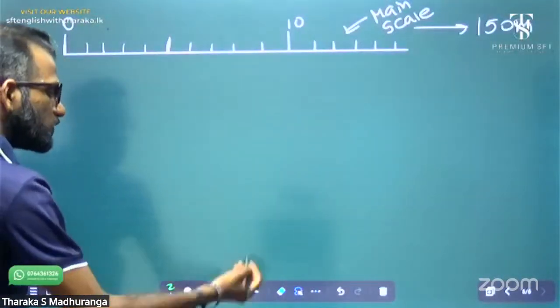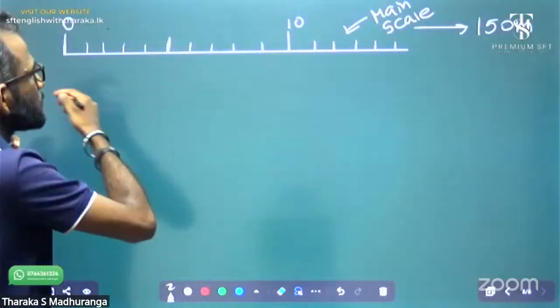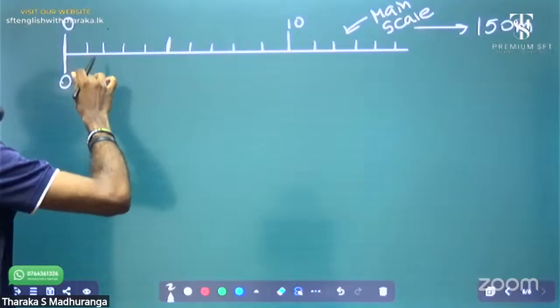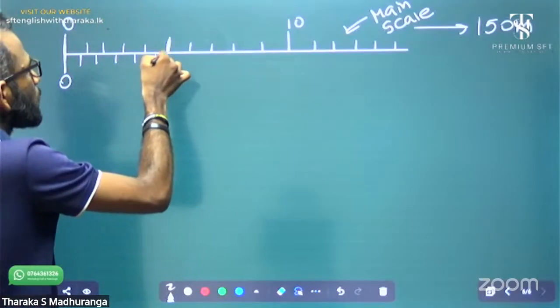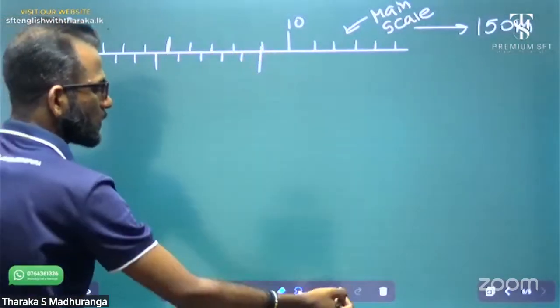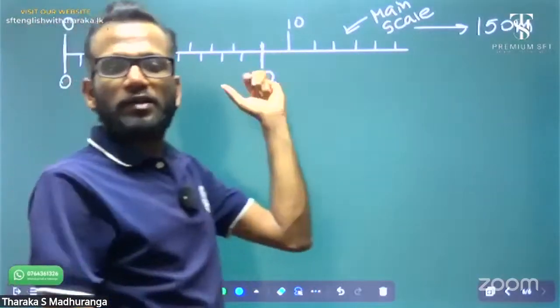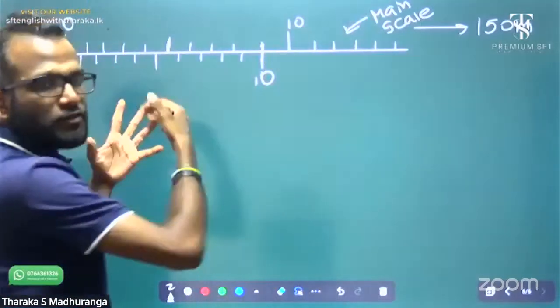Do you remember the vernier scale is a movable scale? Some particular parts on the main scale, 1, 2, 3, 4, 5, 6, 7, 8, 9, 10, are divided into identical parts using the vernier scale.